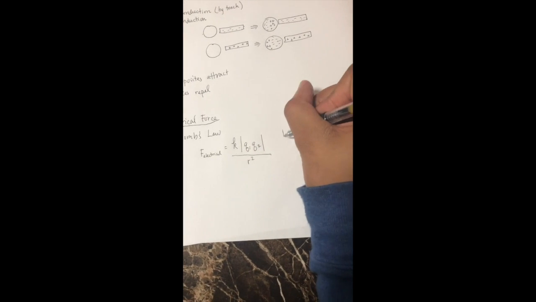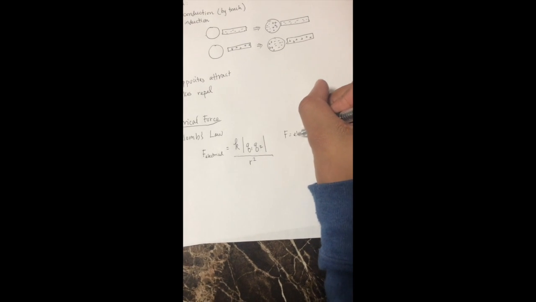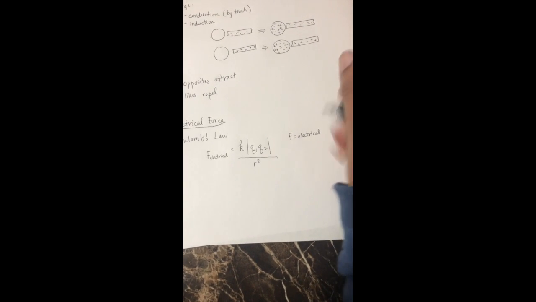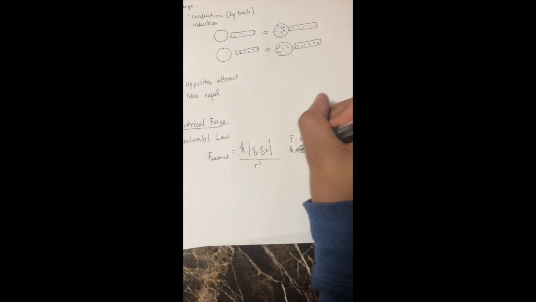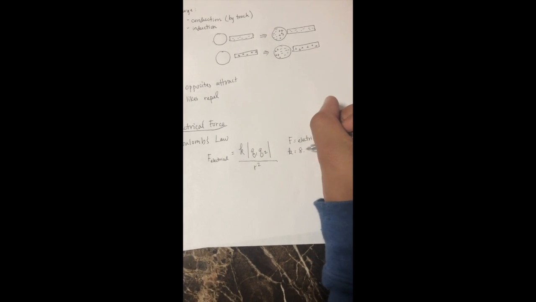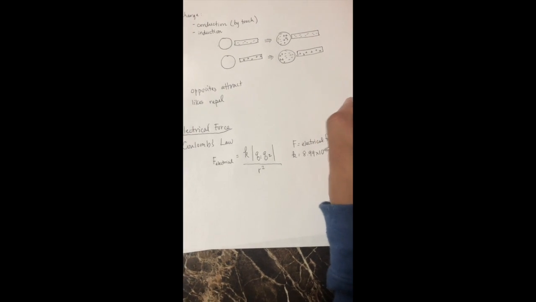Remember, F is electrical force. K is a constant, and it's going to be 8.99 times 10 to the ninth.